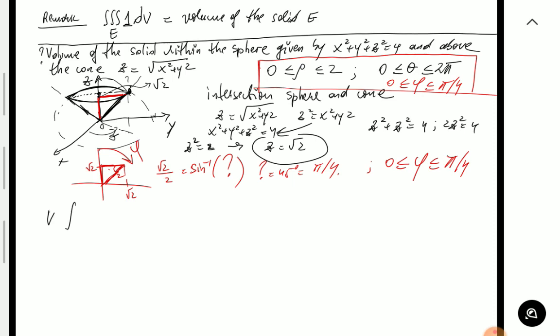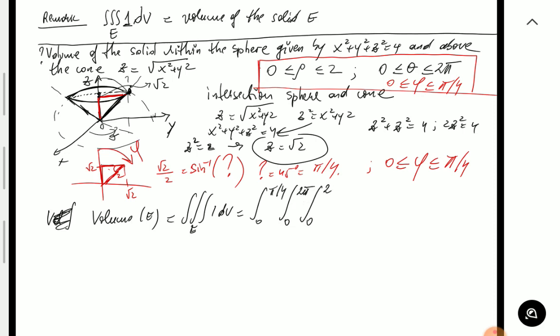The volume of the solid E is the triple integral of 1 dV over E, which in spherical coordinates is from 0 to pi over 4 for phi, from 0 to 2 pi for theta, and from 0 to 2 for rho, with dV becoming rho squared sine of phi d rho d theta d phi.